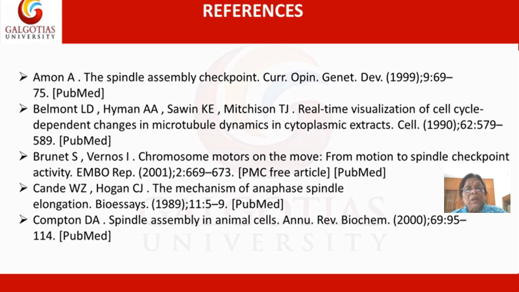Now, these are the different references which you can follow. So this was all about meiosis. We have discussed mitosis, the role of which is in tissue repair and also growth of our body. Secondly, the second type of cell division is meiosis.